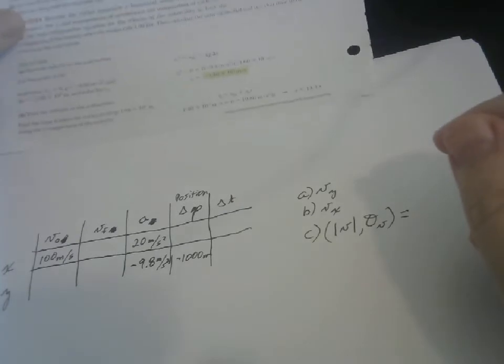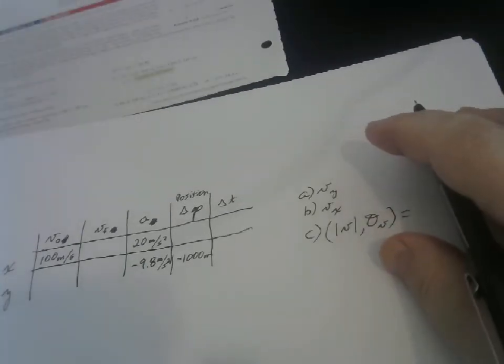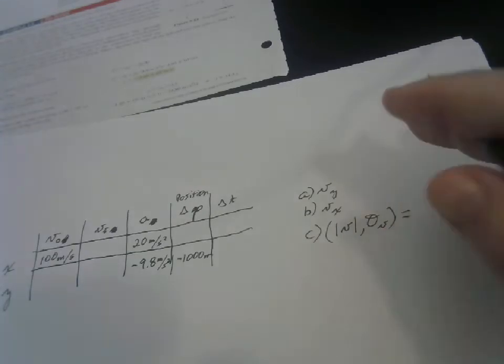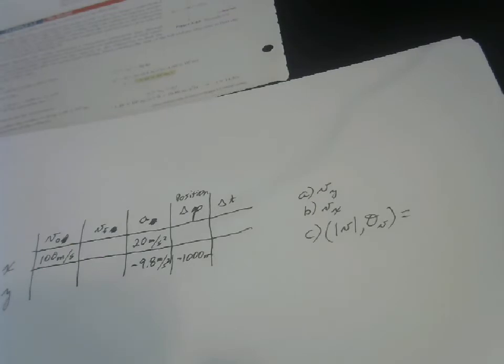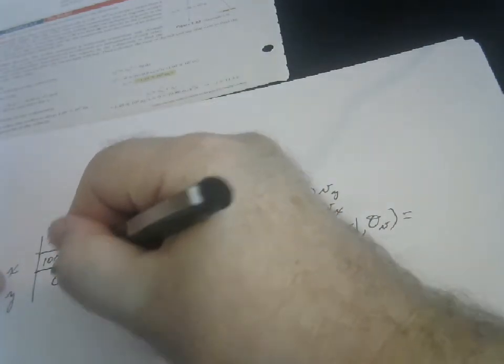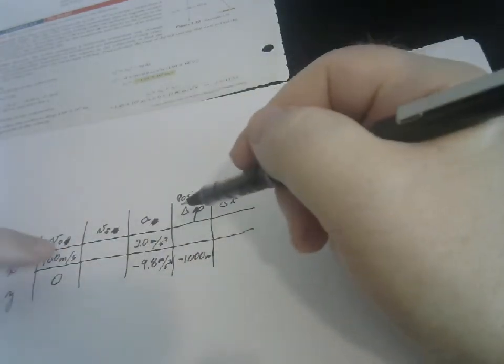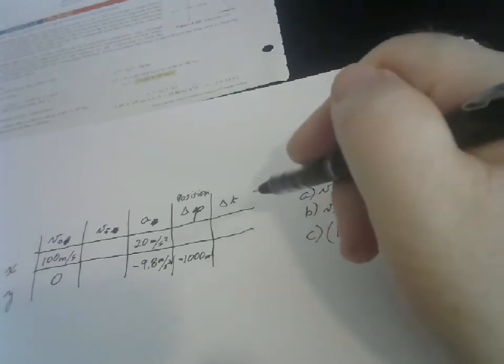All right, so with this problem, first of all, let's think about what we can solve for. Think about other things we know. Do we know the initial y velocity? Yes, it's 0. We don't know the final y velocity. We don't know the final t.